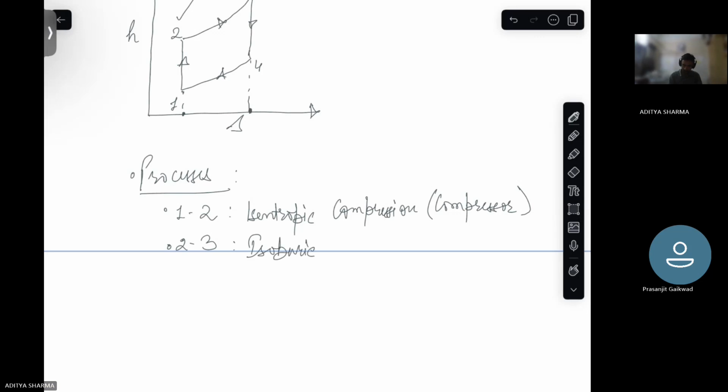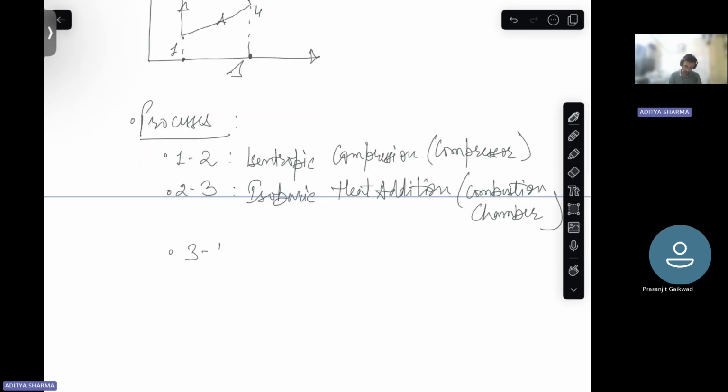Isobaric heat addition. And how do we do that? By means of a combustion chamber, right?